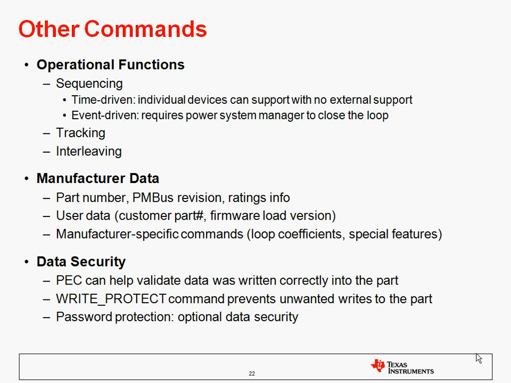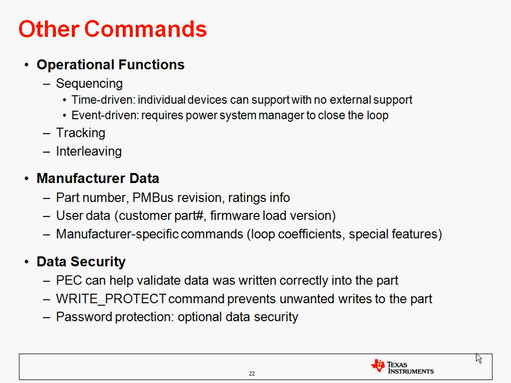Two other things that you can do with PMBus devices that have memory inside of them is you can embed manufacturing data, either the manufacturer of the chip, the manufacturer of the power supply, or some kind of system manufacturing data, so that you can embed when it was built, where it was built, using what software load it was built.